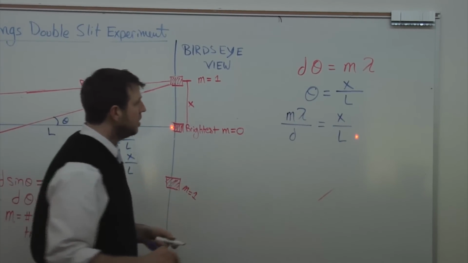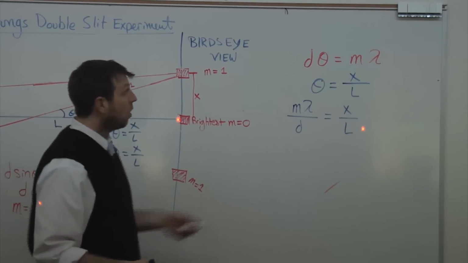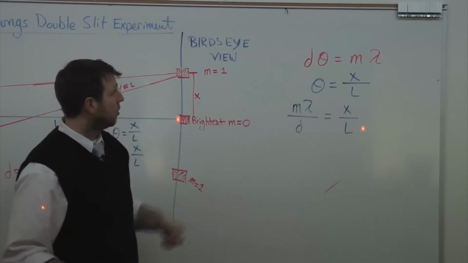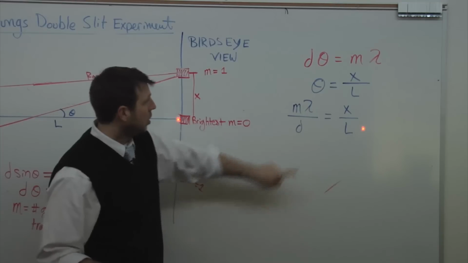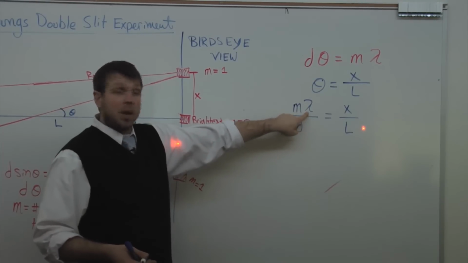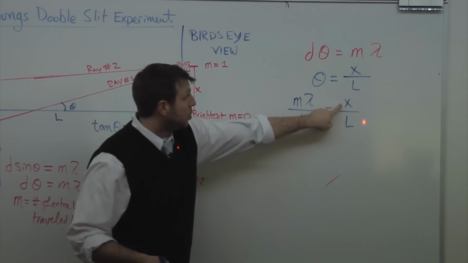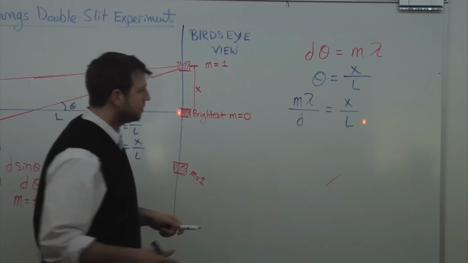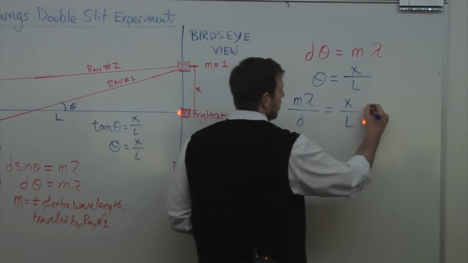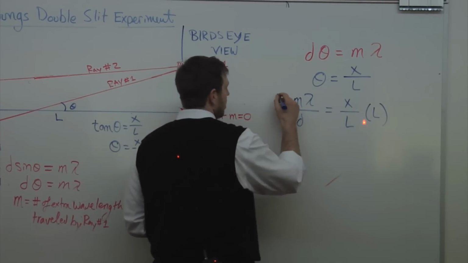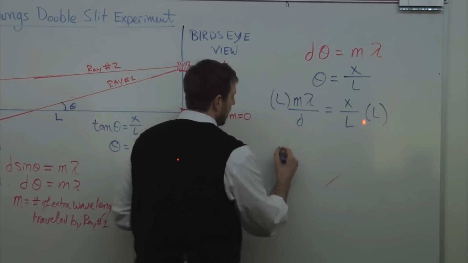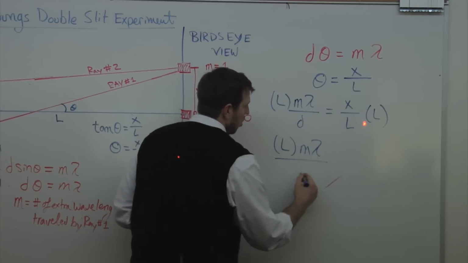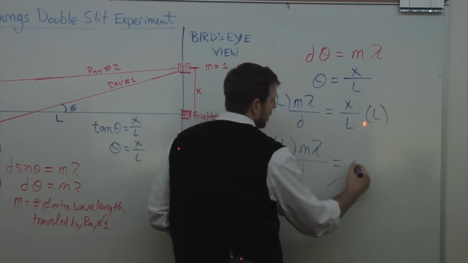And if I wanted to solve for d, which is the distance between the slits, or if I wanted to solve for any one of these variables, you would have to take the specific measurements that apply in our formula. We have to know which maxima we're talking about. If we wanted to know our wavelength, we'd have to measure the distance between the slits, the distance between the maximums, and the length to the screen. So let's solve for the distance between the slits. I'm going to multiply by L. I get L times m times lambda over d equals x.